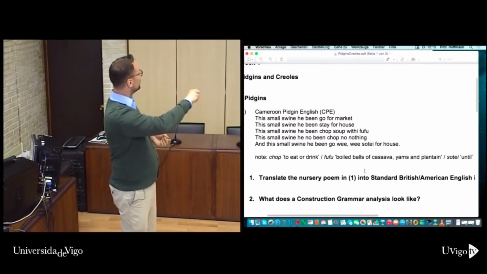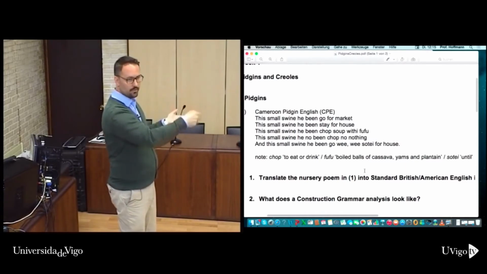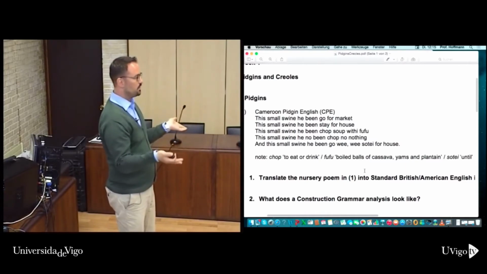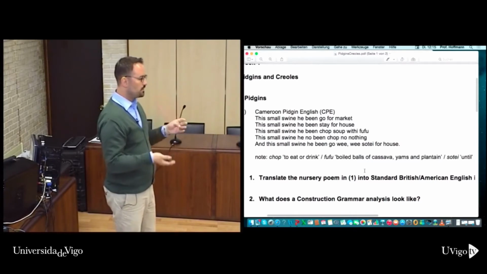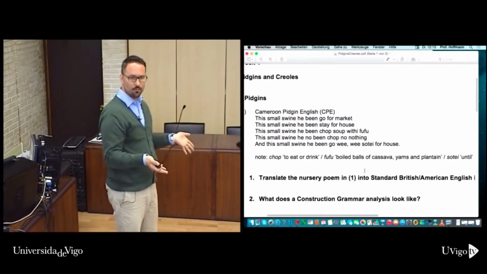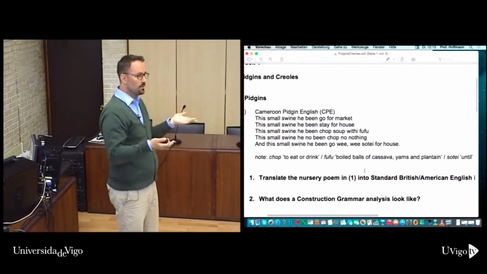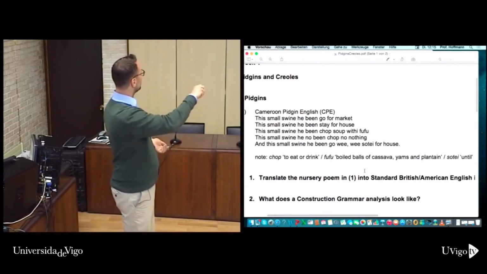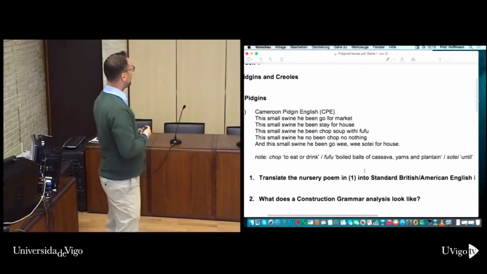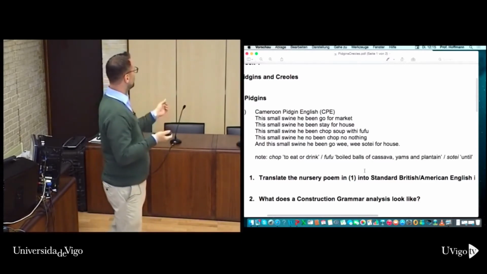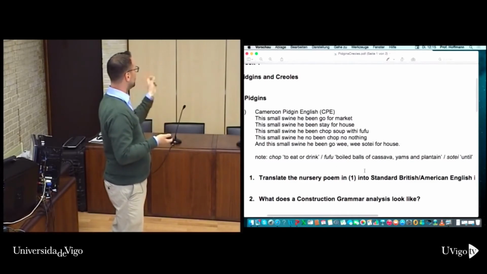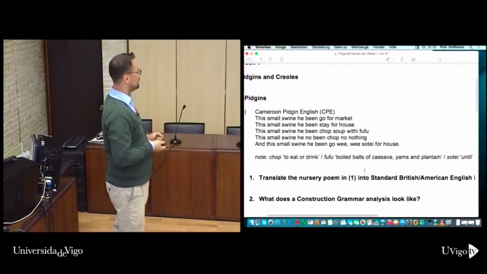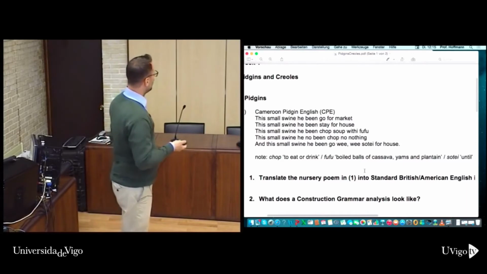And instead of an irregular form, which is stored and, of course, entrenched in speakers that have a lot of input, if you create a Pidgin because of short-lived contact, then obviously you would go for a more regular form. So just uninflected go, and been is the tense marker. And we see that this is sort of just fleshed out over and over again: been go, been stay, been chop, and so on.